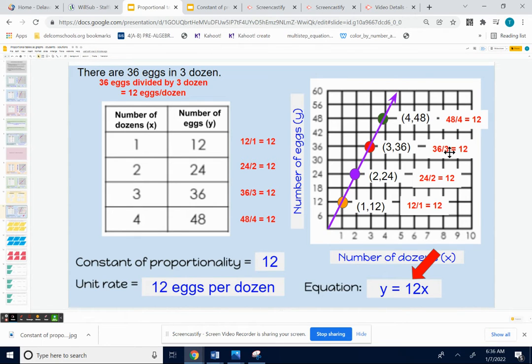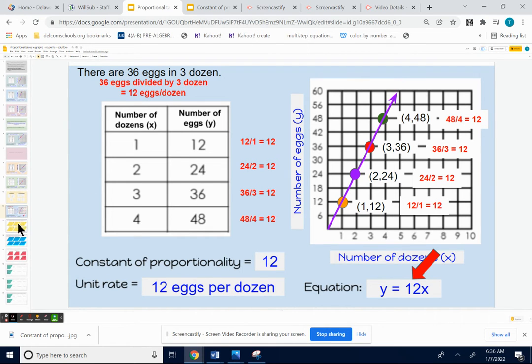Keep in mind, sometimes you don't get a whole number. Sometimes your COP is going to be like 1/2, 1/3, something like that. Also notice the COP is always in your equation. It's in between the y equals and the x.